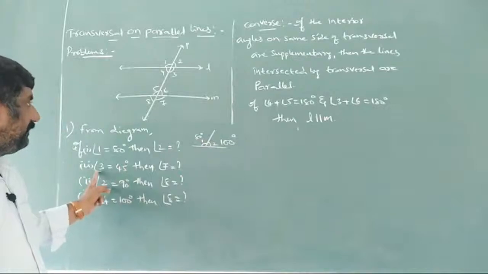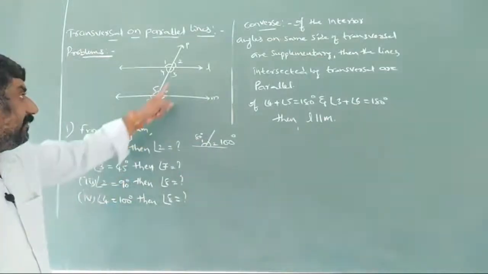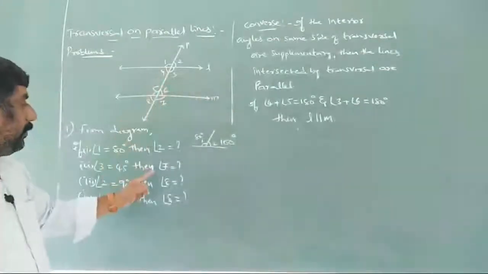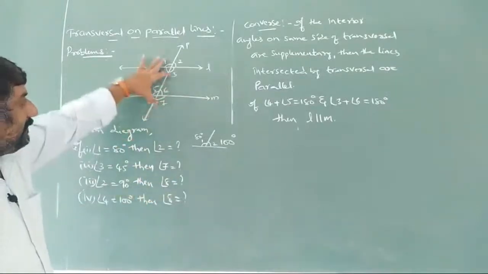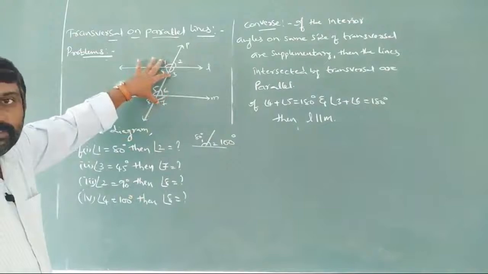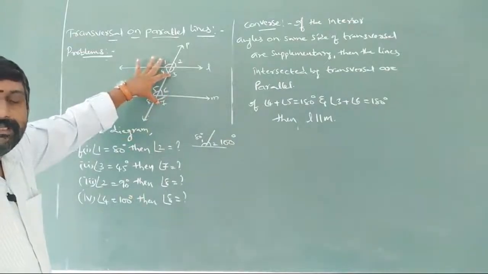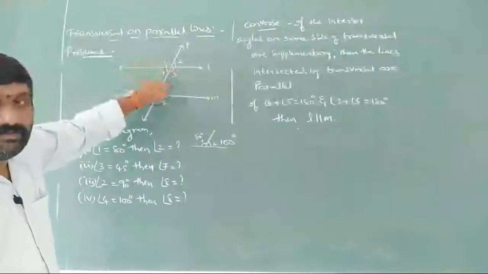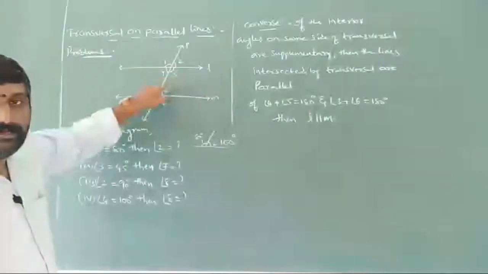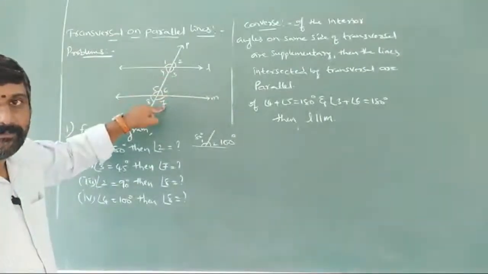Next, the second one is angle 3 is 45 degrees. Angle 3 here we have. What about angle 7? Observe here angle 7. And what is the relation between these two? What are these two called? Already we discussed, these are on the same side of the transversal. One is interior, the second one is exterior.